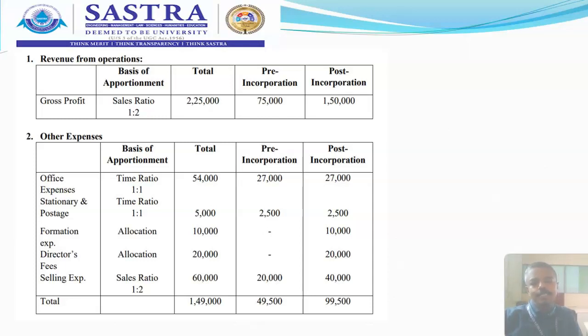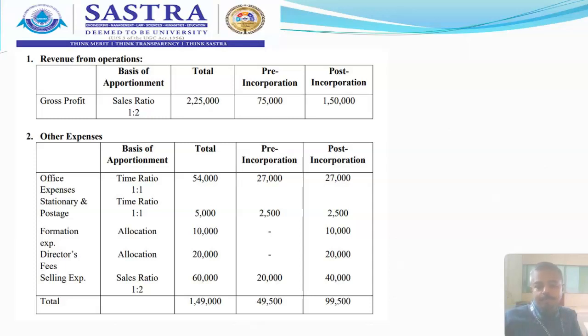Now let us decide whether it is the time ratio or sales ratio. The selling expenses are totally related to sales. The word itself says so. Hence, it can be directly allocated in the ratio 1:2. So 60,000, if you divide that based on 1:2, that means 1/3 and 2/3. 1/3 for pre-incorporation period, that is 20,000, and 2/3 for post-incorporation period, that is 40,000.